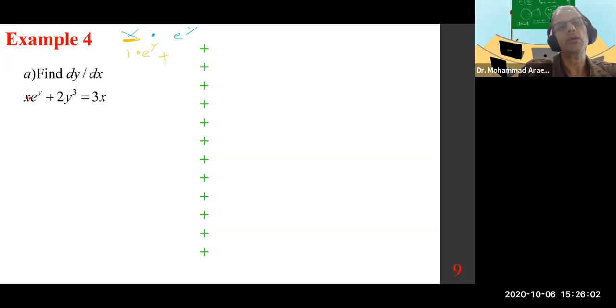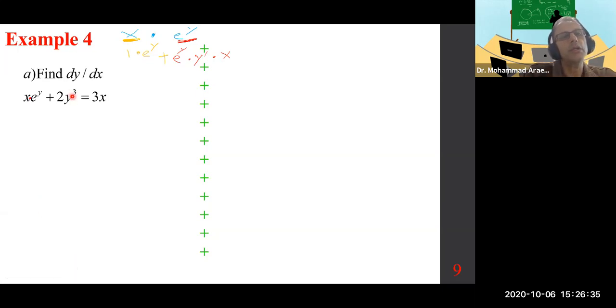What about e to the power of y? The answer is itself, e to the power of y. Why? Because it's an exponential rule. And therefore, we continue with more. We look at the exponent. The exponent is a function of x, not x, so times y prime. And then by the product rule, times x. So that's just this first piece. The rest are easy.